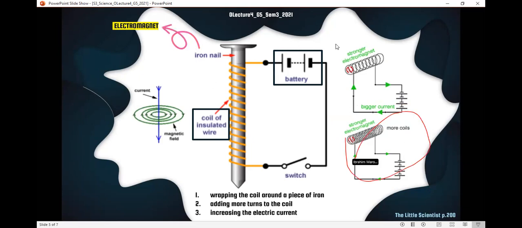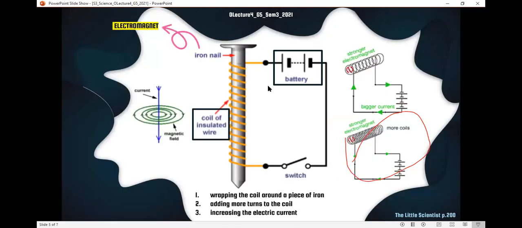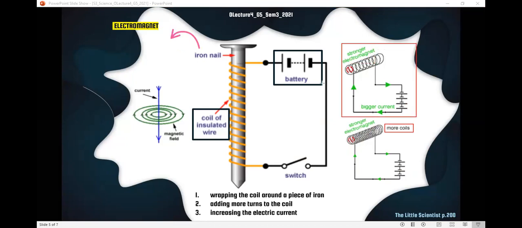The second one, thank you, Ibrahim. Bravo. The second one is stronger, but can you now tell me why? Because it has more coils. Let's look at the first one.